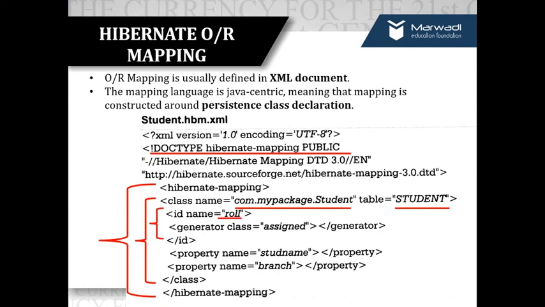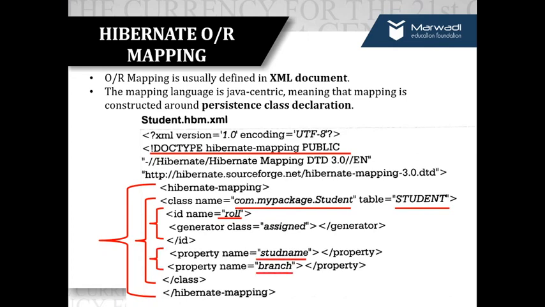There is an ID, or we can say there is a primary key. The role property of student class is mapped onto the primary key of student table. There is a generator class assigned to it. We will see further what generator classes are, and which other generator classes like native and others can also be assigned to it.